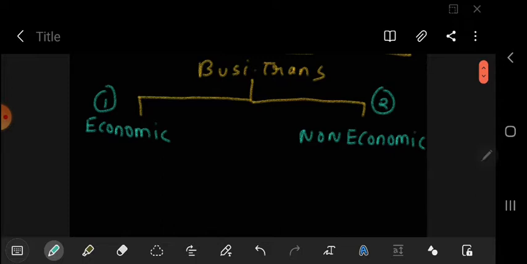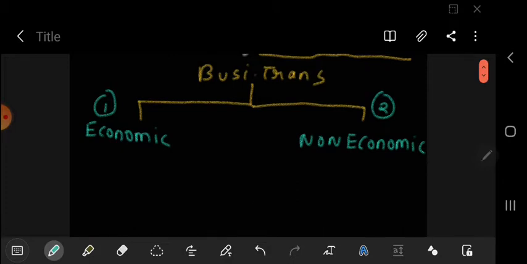The things which we are discussing today, please write in your notebook. This can prove helpful in your future. Economic transactions and non-economic transactions are the two main classified ways of business transaction.